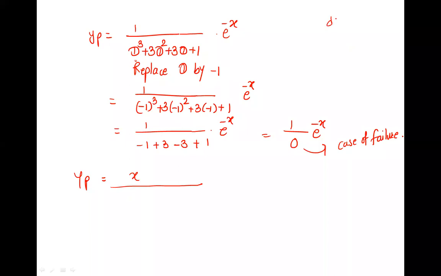What is the derivative of X raised to n with respect to X? n into X raised to n minus 1. So now I'm asking you the derivative with respect to D of D cube. What is that?